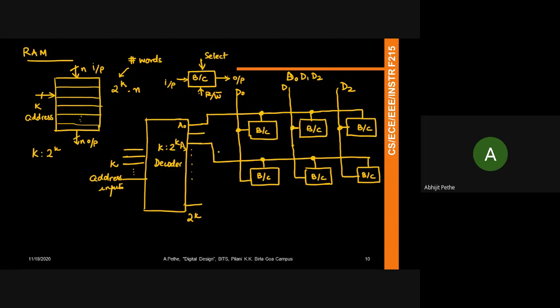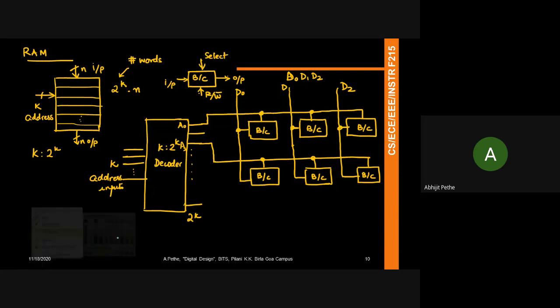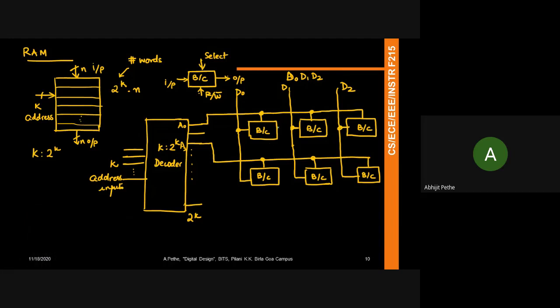Now, how do I pull out the output? So to pull out an output, I need to pull these pins out. I will pull this pin out, this pin out, and this pin out, right? So this is going to be my output O0, O1, and O2, say.